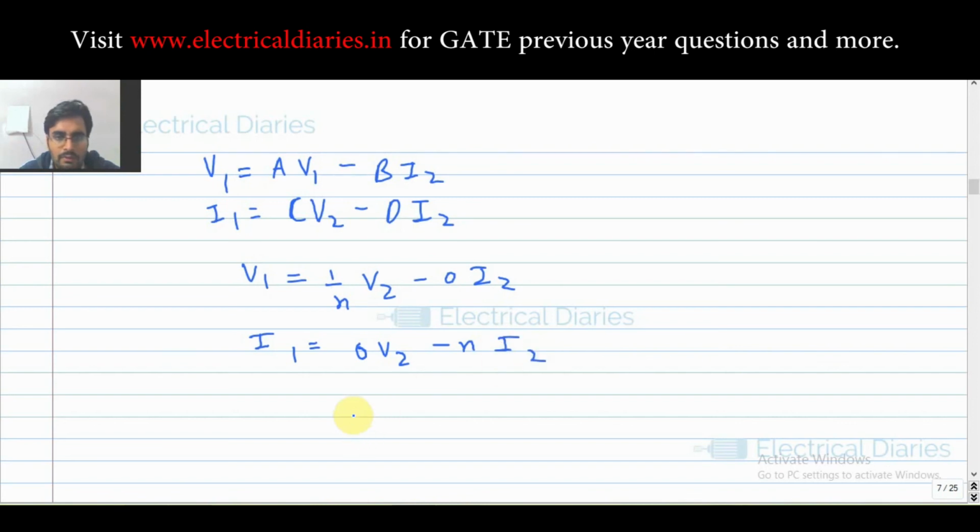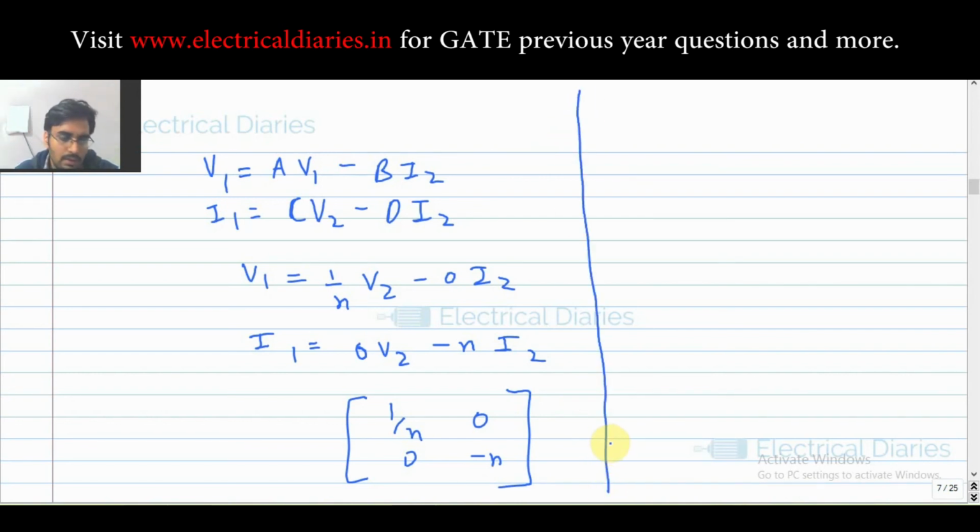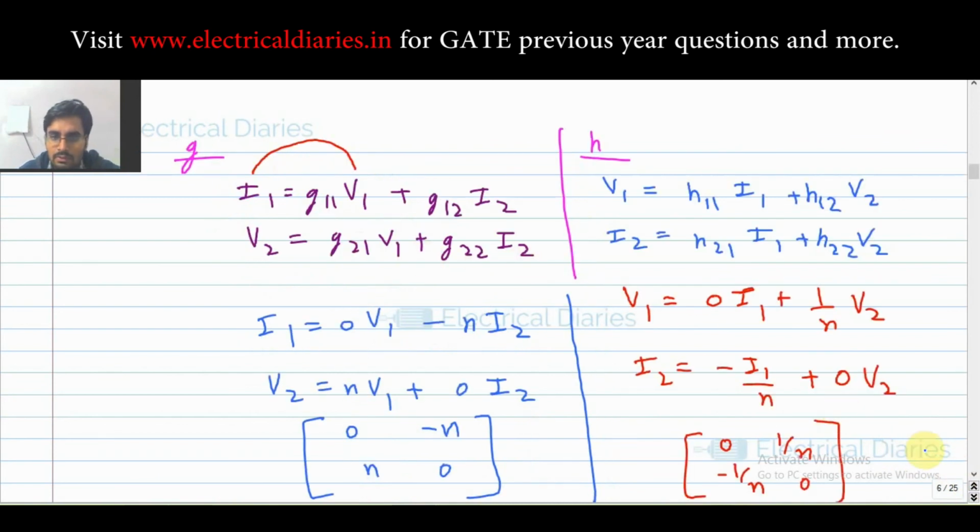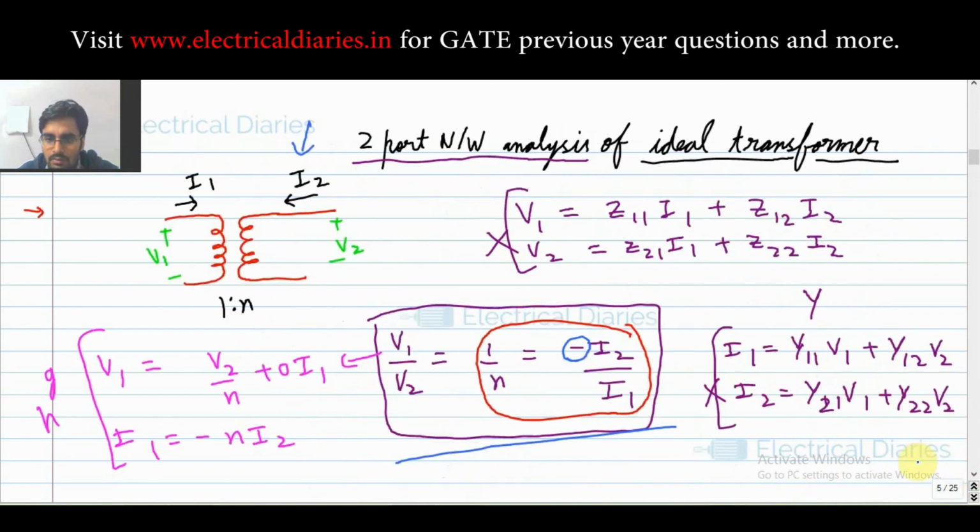So you have got your ABCD parameters as 1 by n, 0, 0 and n. So the overall concept is that for an ideal transformer with the ratio 1 by n given to you, and you have assumed the directions in this fashion, you can easily find out the G, H and ABCD parameters.